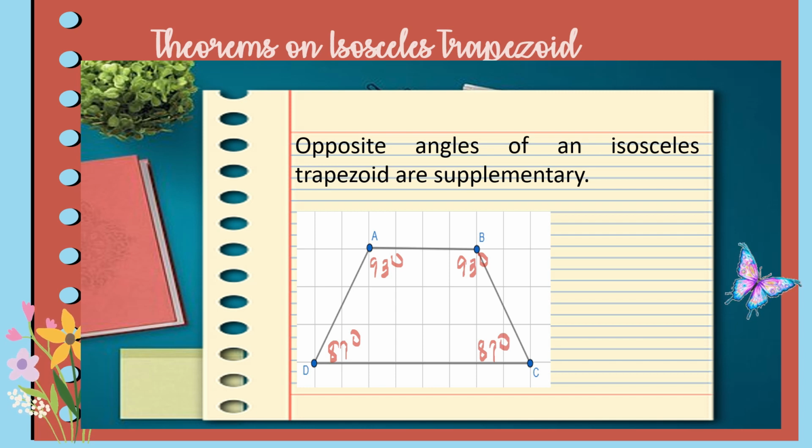So opposite angles, angles A and C. So we can say that the measure of angle A plus the measure of angle C is 180 degrees. So 93 plus 87 is 180 degrees. In the same way, the measure of angle D plus the measure of angle B is also 180 degrees.